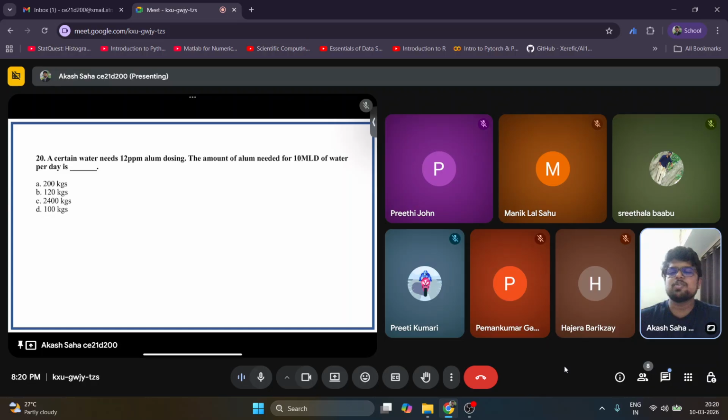Next, a certain water needs 12 ppm alum dosing. The amount of alum needed for 10 MLD of water per day is? Please calculate.